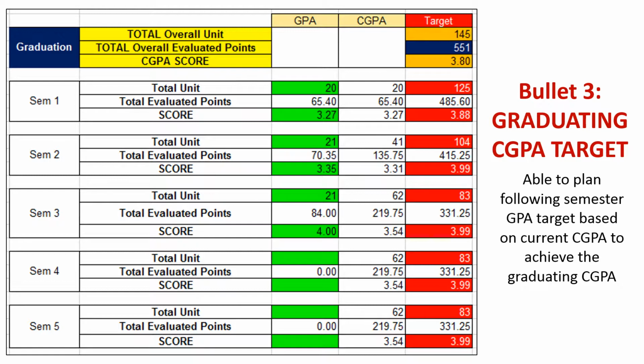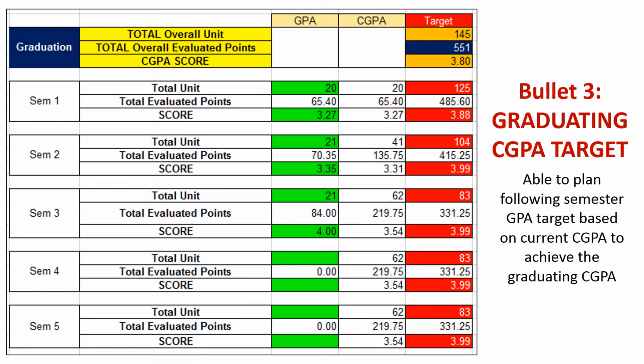Is it almost similar to the one he planned for bullet 3? So use both bullet 2 and bullet 3 side by side together, so that the student will come up with a more or less similar target for that particular semester. So you can either use bullet 3 to push bullet 2, or you can use bullet 2 to push bullet 3. It depends on the scenario.